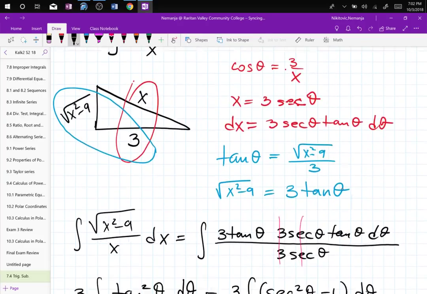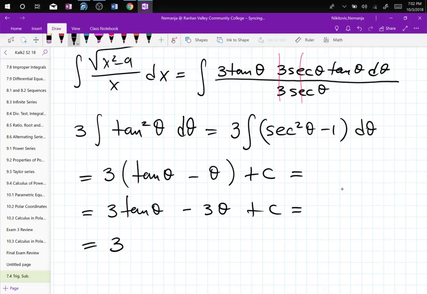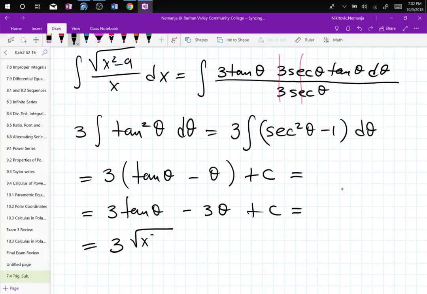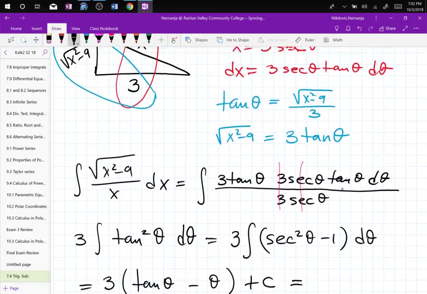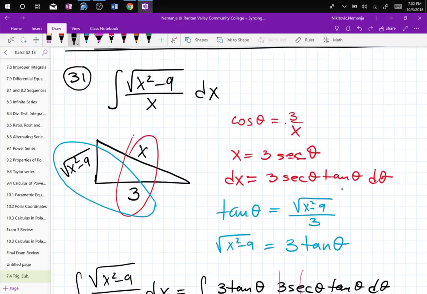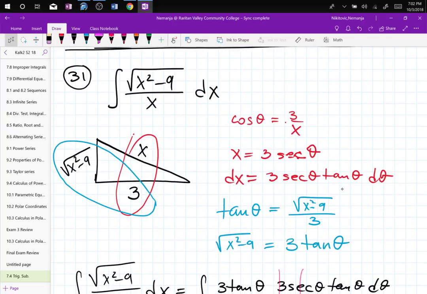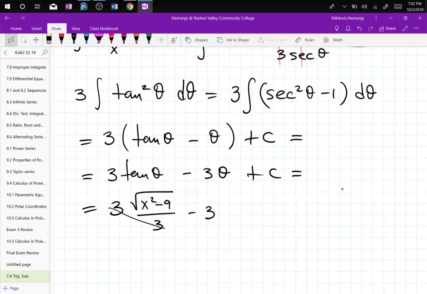What's tangent on our triangle? Square root of x squared minus 9 over 3. The 3's will cancel. Minus 3 times, and now for theta. Guys, you have 6 trigonometric functions. Pick one and just do the inverse trig. So what do we have over here? We have cosine theta is 3 over x.